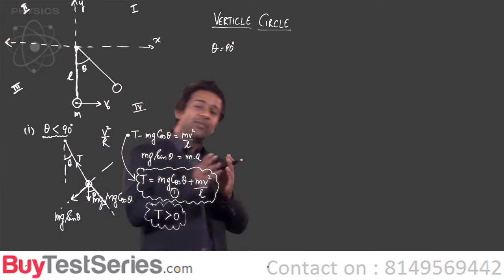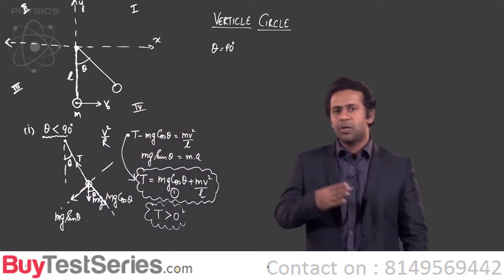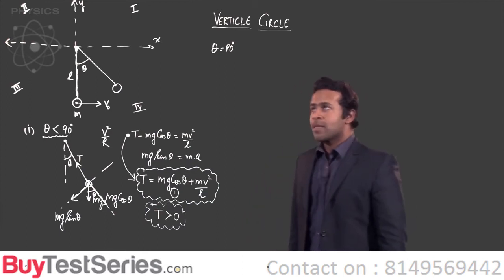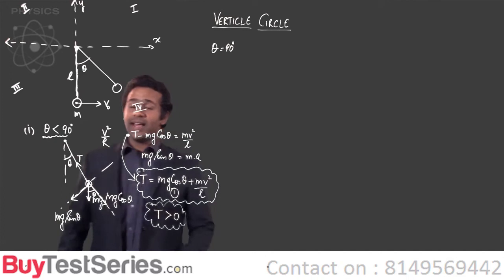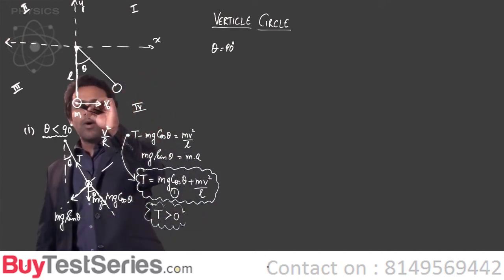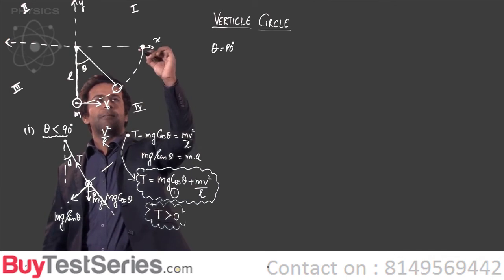That will be the critical speed, and the speed that you give should be just below that value. So if theta is 90 degrees, this bob would have traveled up to this point.